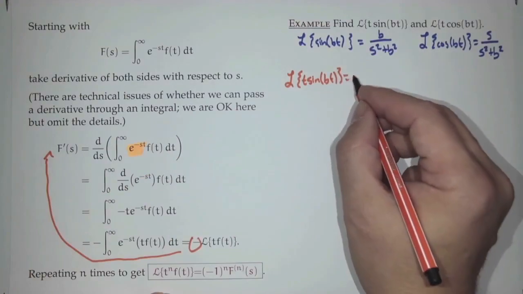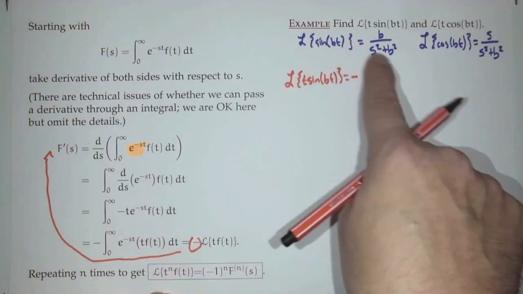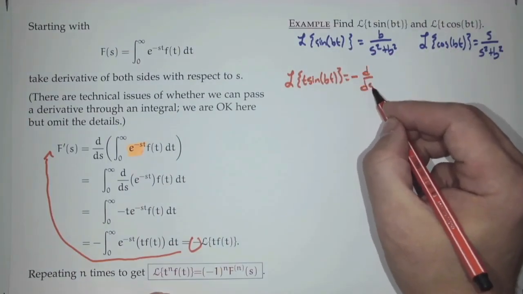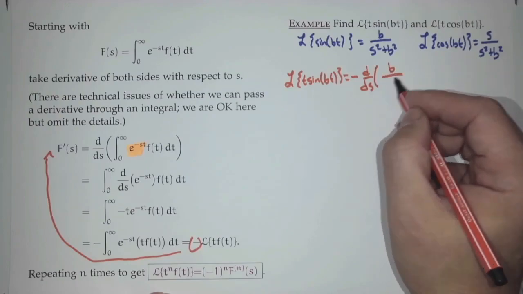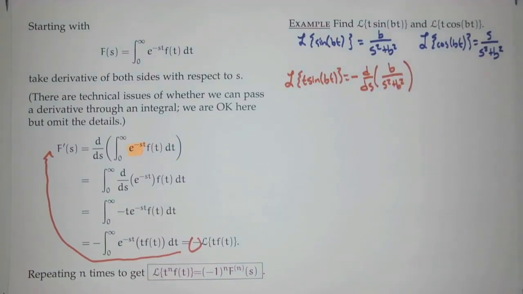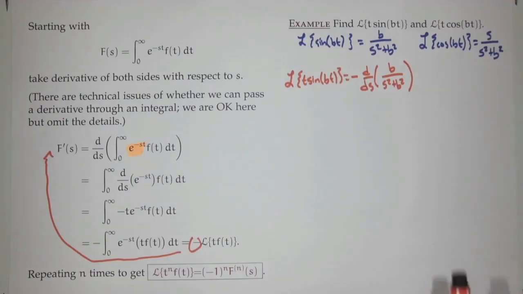So there's a minus, and then you take the derivative of just what would happen if you took the Laplace transform of the sine. So minus the derivative of b over s squared plus b squared. So there's our minus f prime of s. How do we take that derivative?